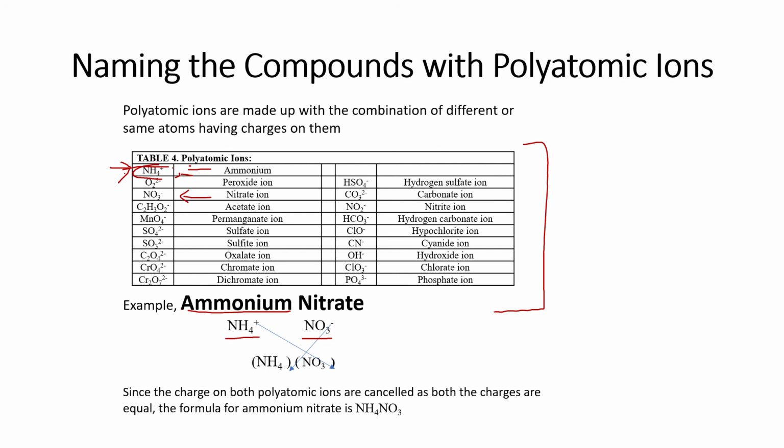But we are not going to write the charge there. The numbers we bring down are regardless of the charges. Now it becomes NH4NO3, and we write it as NH4NO3 for the compound. We don't write the parentheses here. So this becomes ammonium nitrate.